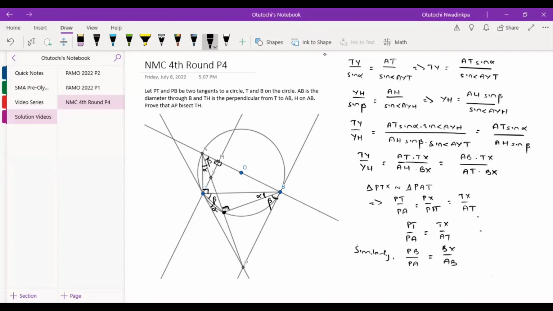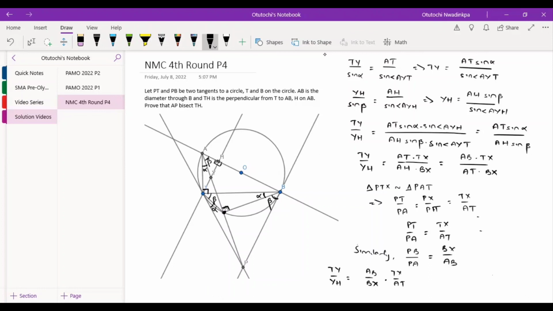Why? Because from this, we can get that TY over YH is equal to AB over BX times TX over AT. I switched some BX and AT here.